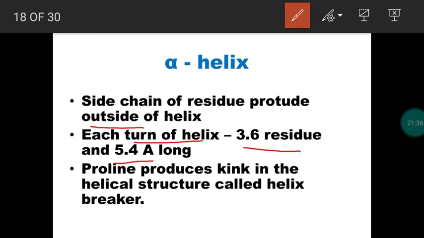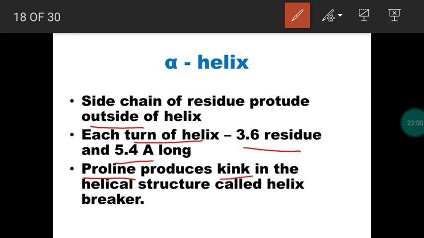This is one more question. For each helical turn in the secondary structure of alpha helix, 3.6 residue will be there, and its length is 5.4 angstrom. Then important one mark: if amino acid proline is present in the helical structure, it produces a kink.